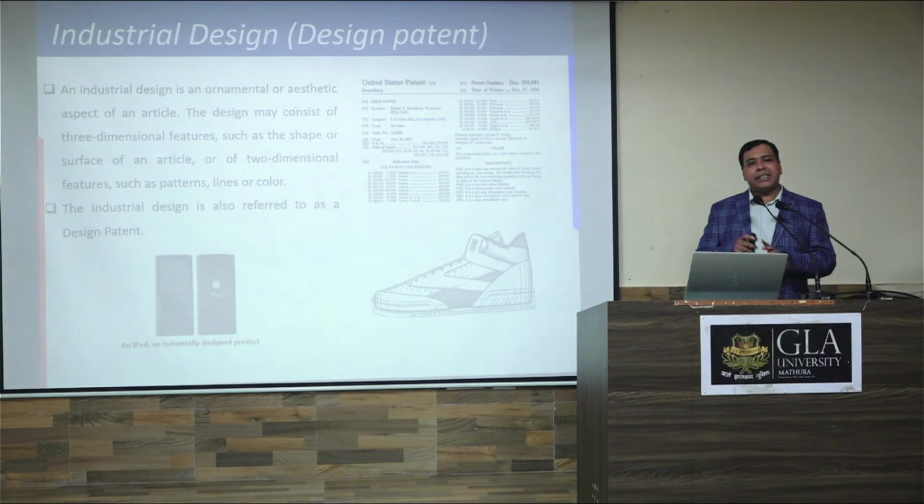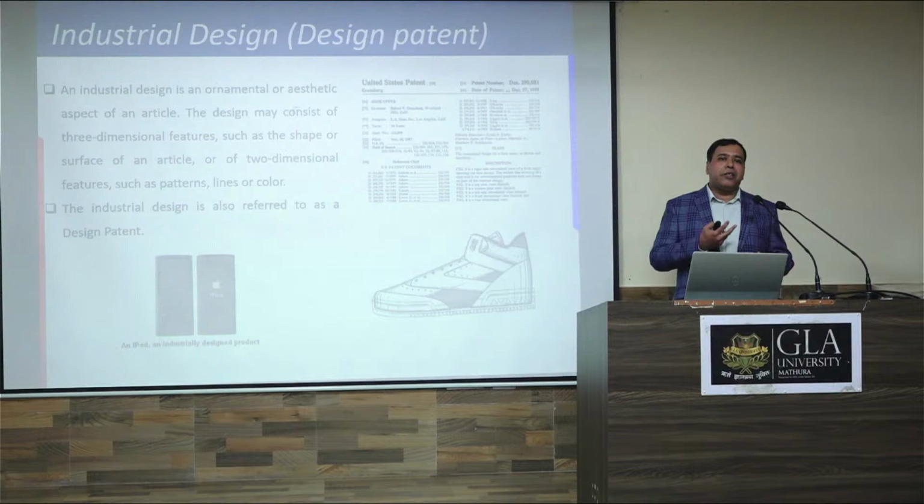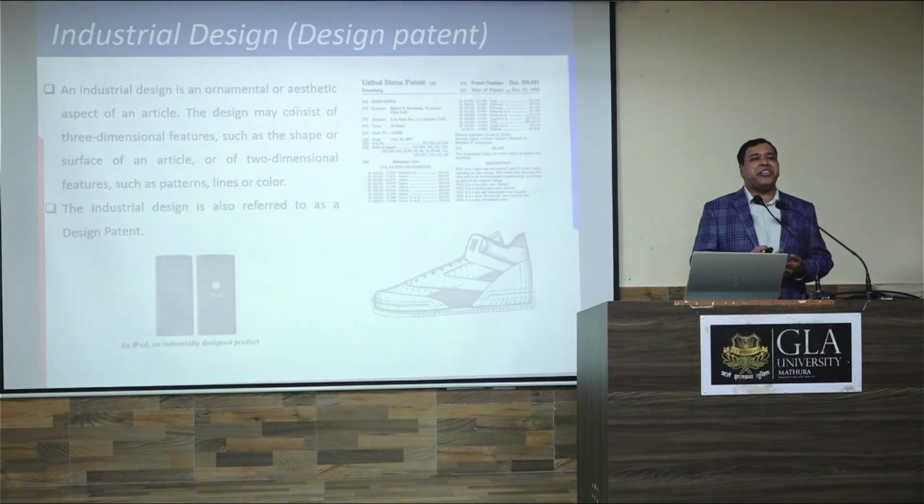So any aesthetic, any ornamental look of a thing could act as a design, which could be a 2D shape or it could be a 3D shape. All of that would classify under a design patent. If you see here at the bottom, there are a couple of designs which are provided over here.